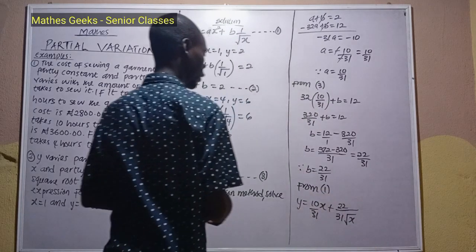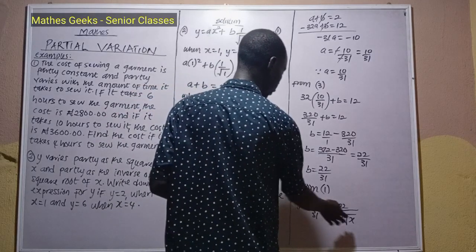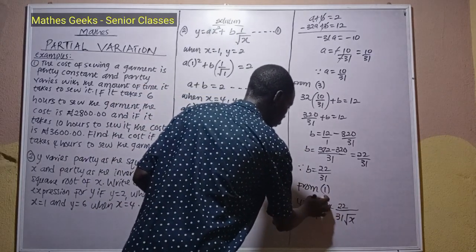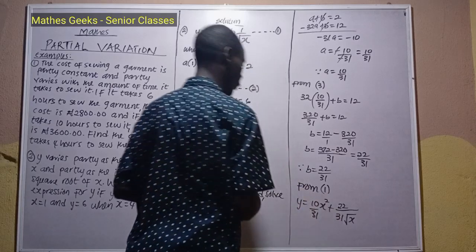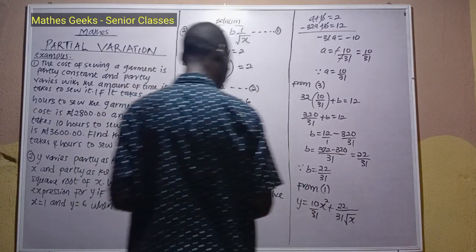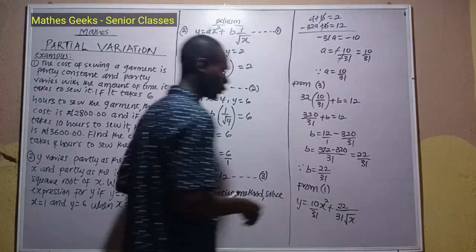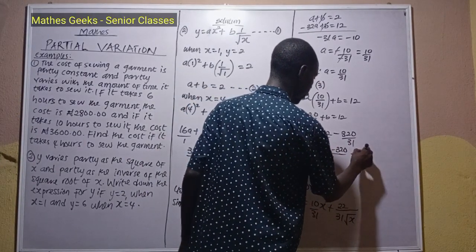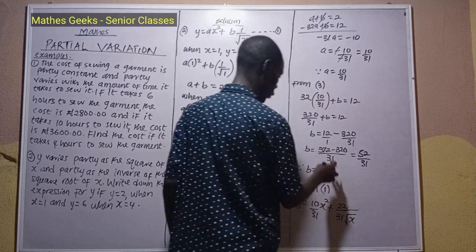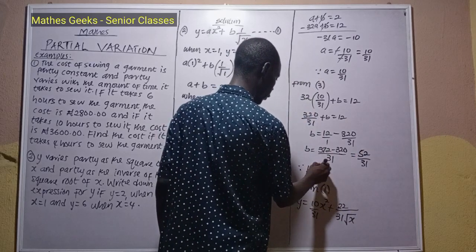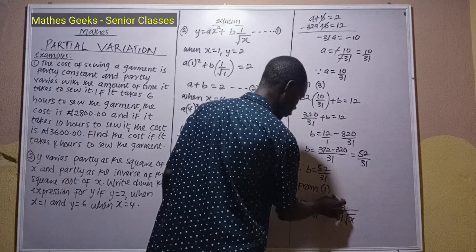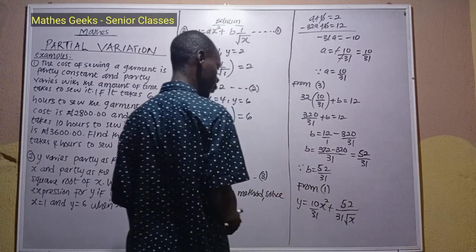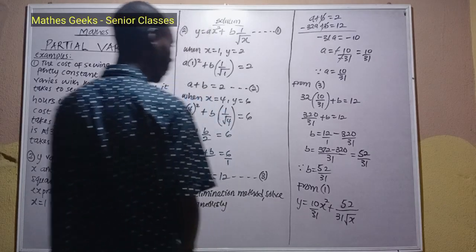So this is the formula connecting y and x together. As you can see, I need to make a correction here: 372 minus 320 is 52.